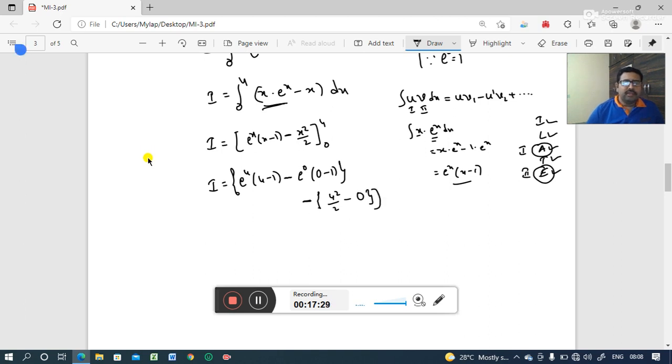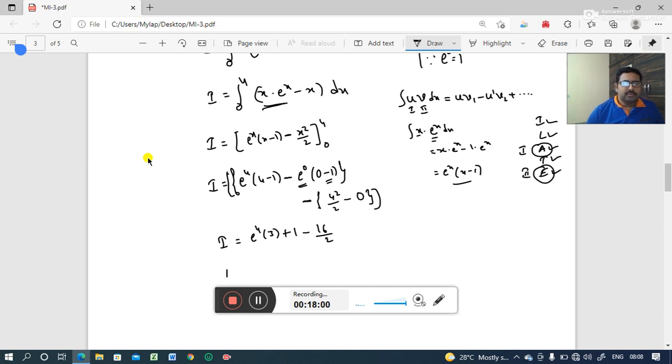Then if you simplify this, I is equal to e power 4 into 4 minus 1 gives 3, minus e power 0, whose value is 1. So e power 0 value is 1, and 1 into minus 1 gives plus 1, minus 4 square which is 16, 16 by 2.